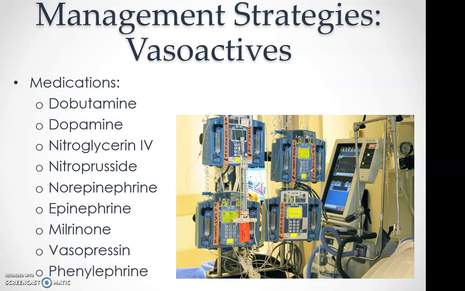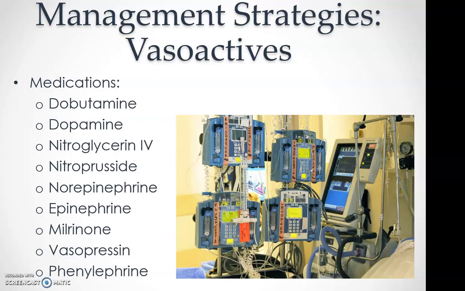Dobutamine is one of those vasoactive drugs that helps with increasing contractility. Side effect of dobutamine, it increases your heart rate. Dopamine, also side effect of increased heart rate, but at different dosages does different things. At 2 to 3 micrograms, it's thought to increase renal perfusion.